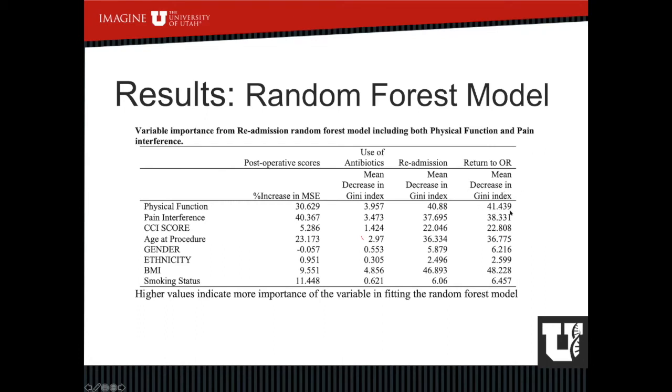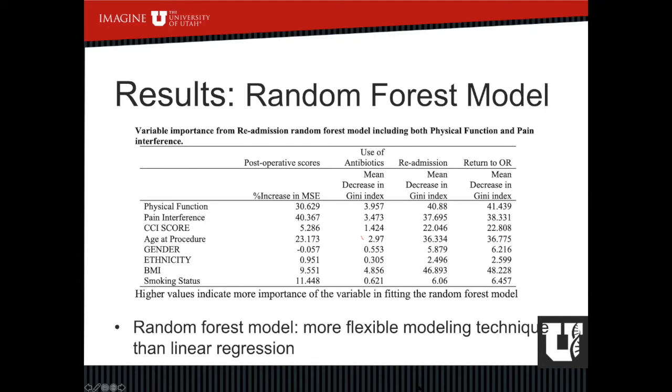It was also the second most important predictive variable. The third most important predictive variable for all 3 outcomes was the PROMIS pain interference score. Notably, our traditional risk stratification tools, including the Charlson Comorbidity Index, age, and smoking status, trailed markedly behind those top 3 predictive variables in the importance of predicting our adverse outcomes.